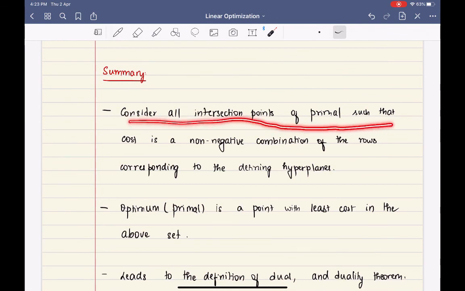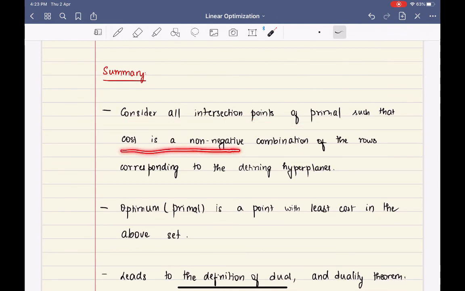Consider all the intersection points such that c is a non-negative combination of the rows corresponding to our choice. Okay, and we have shown that the optimum of the primal is a point with the least cost in the above set. So this set was f, and the optimum is a point with the least value of c transpose x in f. And from f we defined f bar, and from f bar we defined the dual.